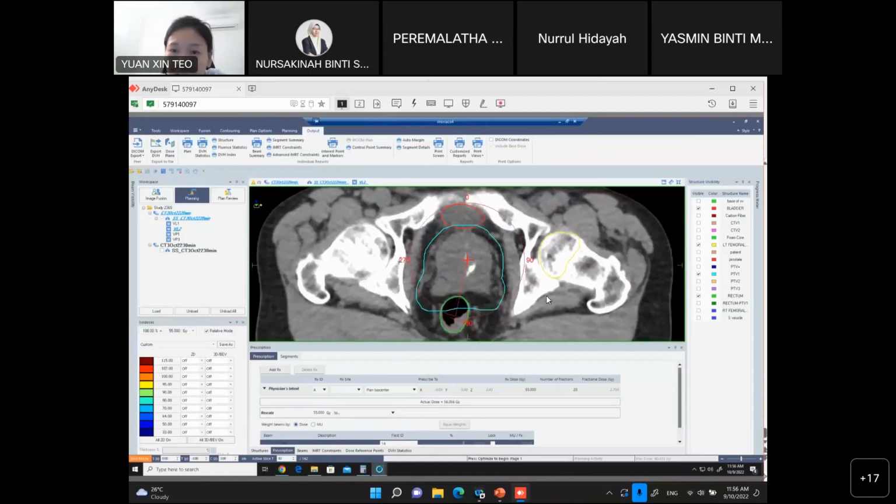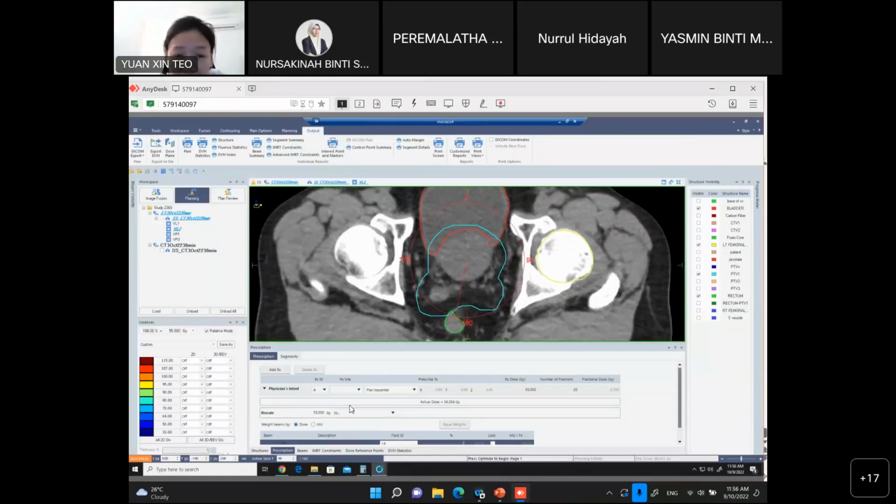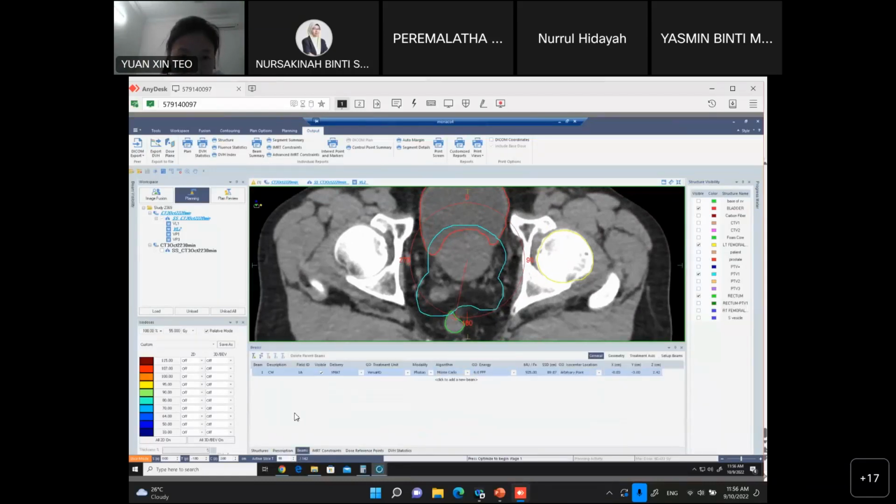Okay, this is a super simple plan for us. At first, you will need to do the prescription, 55 gray, 20 fractions. Okay, you have to decide your beam. So we put one beam with 6 MV filter free.